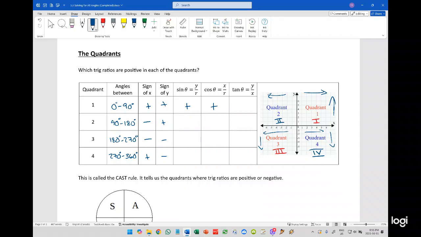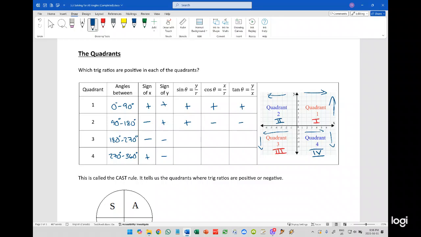And y over x is also positive. Moving into the second quadrant, y over r will be positive because y is positive. Cos will be negative because x is negative. And tan will be negative because y is positive and x is negative, so we'll have a positive number over a negative number.